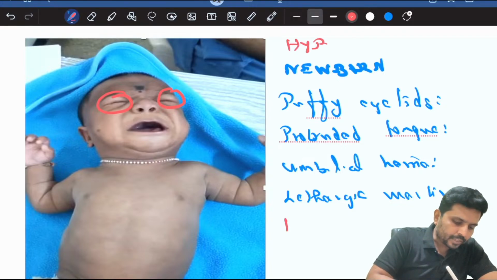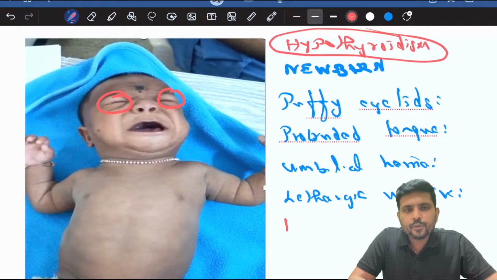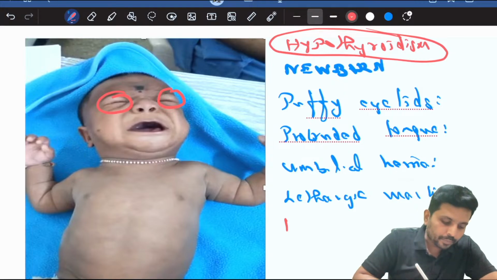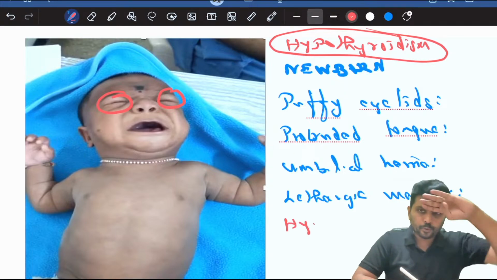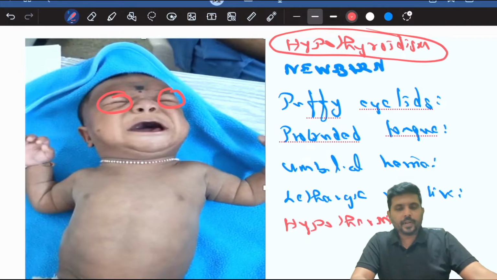So what is this case? This is a newborn with hypothyroidism. Puffy eyelids, protruded tongue, umbilical hernia, lethargic, and hypothermia can also be there.